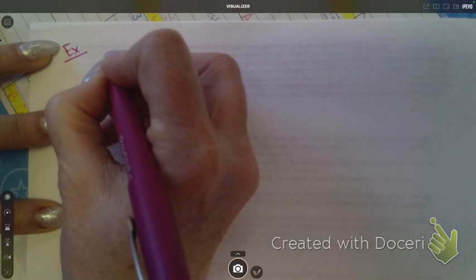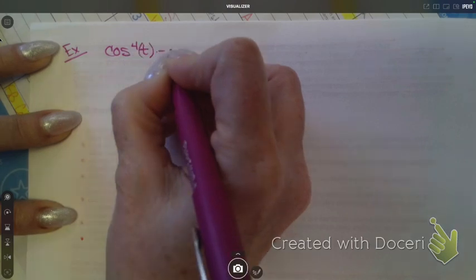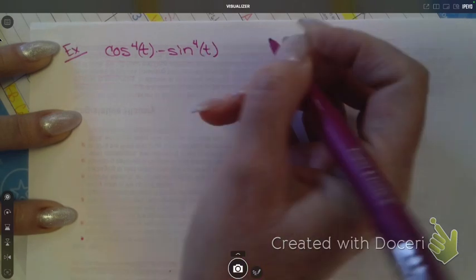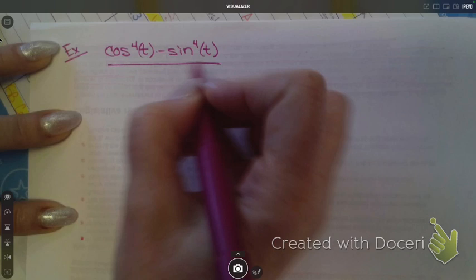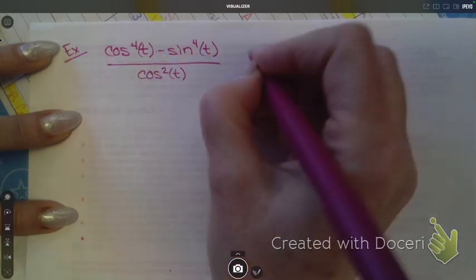Cosine to the fourth of t minus sine to the fourth of t over cosine squared of t equals 1 minus tangent squared of t.